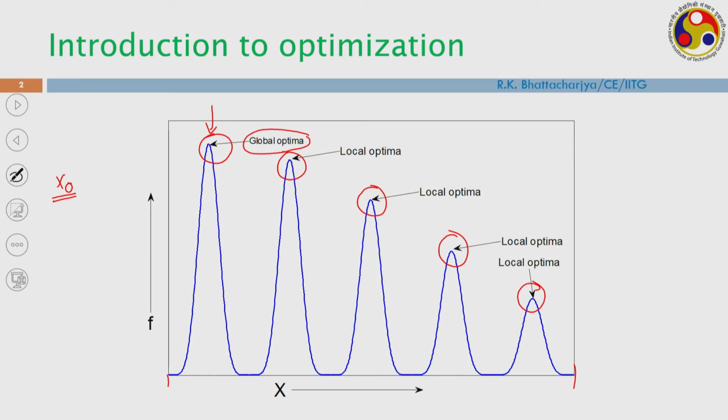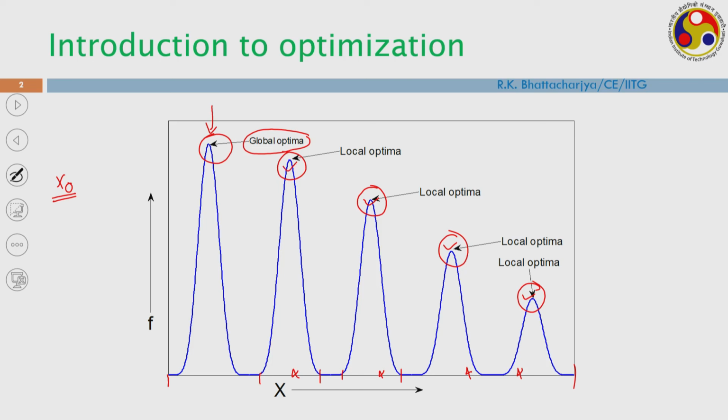Suppose in this case, if you are selecting an x naught somewhere here, then you will get this optimal solution. If your x naught is somewhere here, you will get this optimal solution. If it is somewhere here within this particular range, you may get this optimal solution, and if your x naught is within this region, you may get this optimal solution.